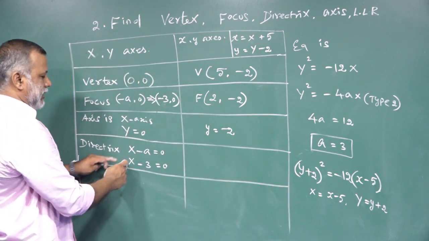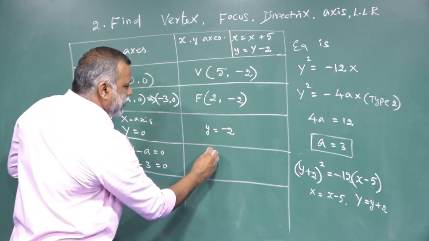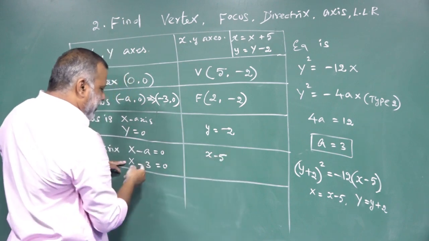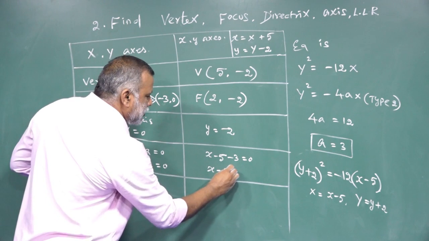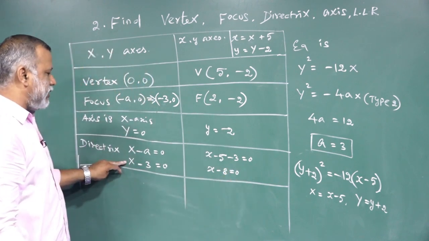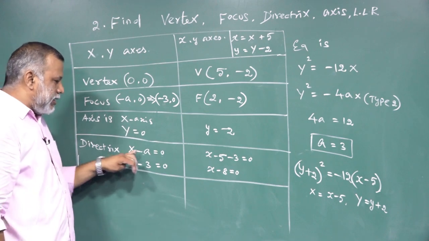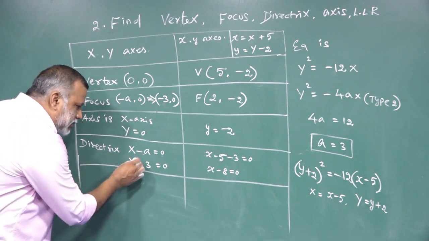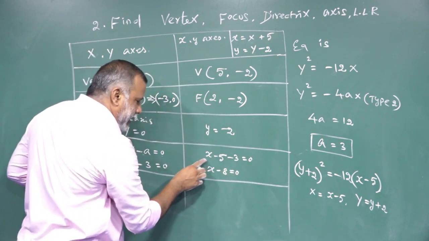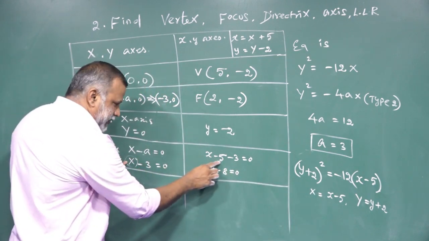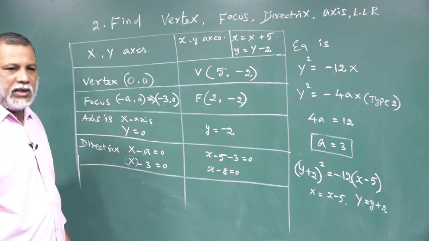Capital X is replaced by x minus 5, and we already have the minus 3. Listen carefully. This is the formula, capital X minus a equal to 0. a is replaced by 3, and capital X is replaced by x minus 5. Simplifying, we get x minus 8 equal to 0.